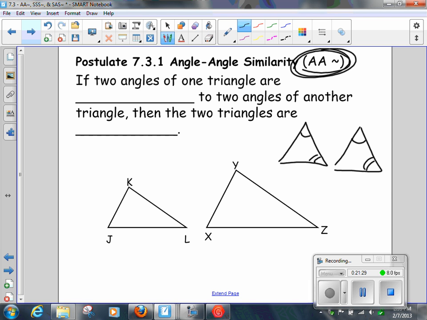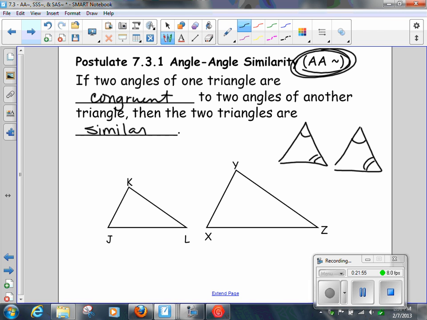The corresponding angles have to be what, folks? In similar triangles, the corresponding angles have to be congruent to 2 angles of another triangle, then the 2 triangles are going to be similar to each other, okay?